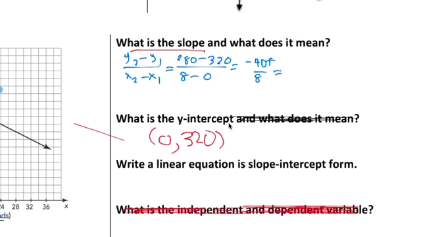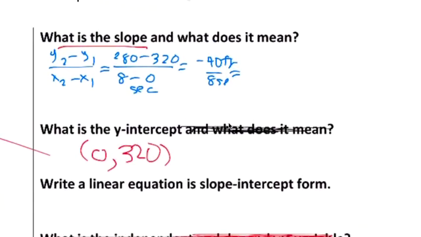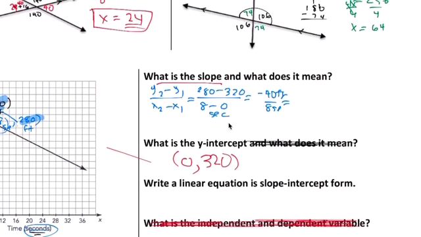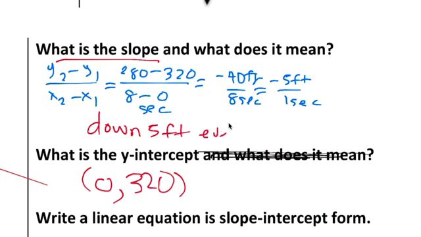So your answer is, these are seconds. Notice on the bottom it says seconds. I label it second. So it's -5 feet every 1 second. So because it's negative, it means down 5 feet every 1 second.